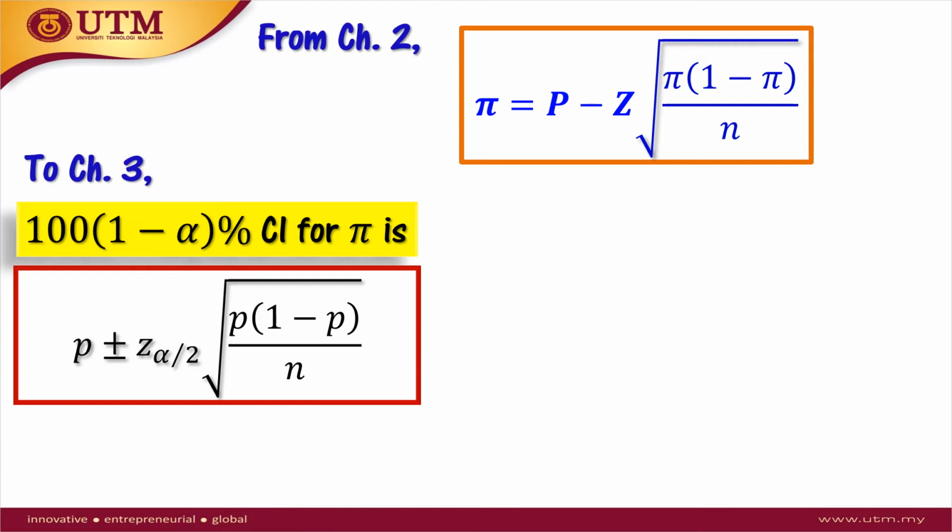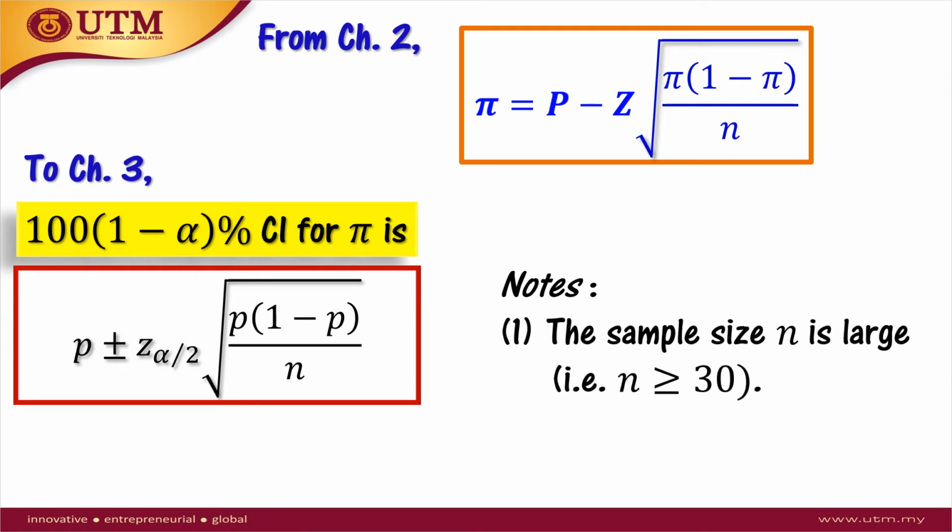It is worth noting that in this topic, we only consider a large sample size, that is, n value is at least 30. We do not cover the case with a small sample size.